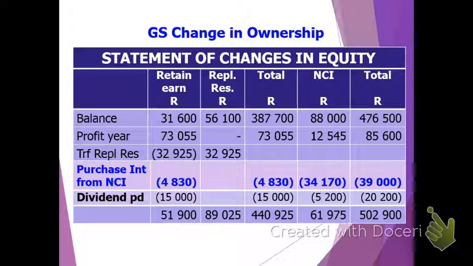Now, that is the case when we purchase a further interest in an already existing subsidiary. As I said in the beginning, these are transactions with other shareholders, so therefore it is done in the statement of changes in equity, any profit or loss that you make due to this transaction. Thank you.